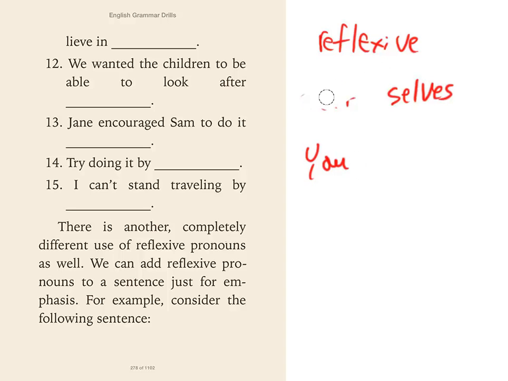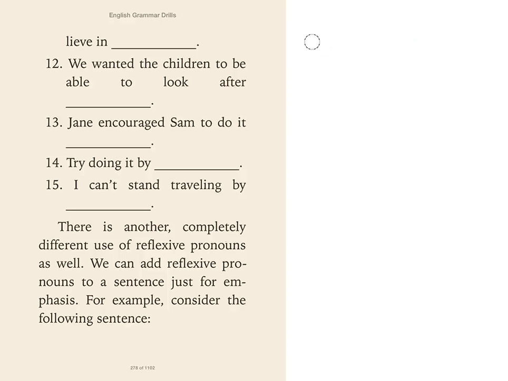But usually, when we use the reflexive pronoun, it's a necessary part of the sentence. We can't get rid of it because it usually is acting as an object of a preposition. It's usually the object of a preposition or the object of a verb. Okay, it's usually necessary to the sentence for the sentence to make sense.